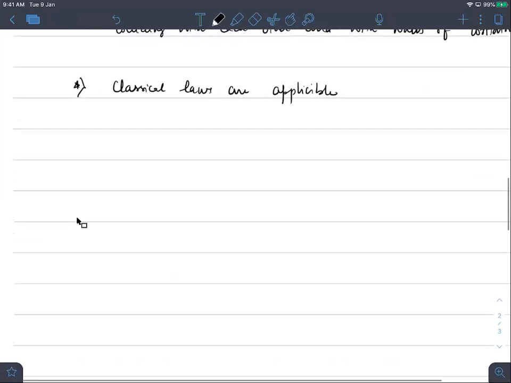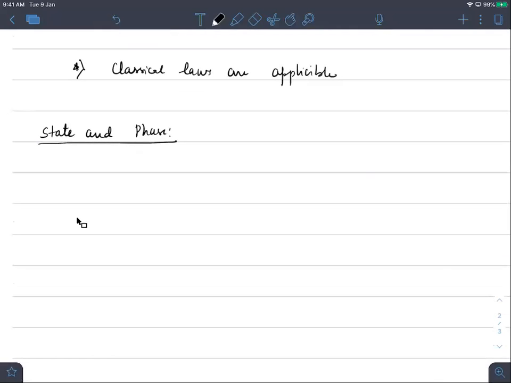Next term is about state and phase. See, state of a gas, when we use the word state of a gas, it is the physical condition of matter, correct? So in this case, gas. It can be defined by state variables.